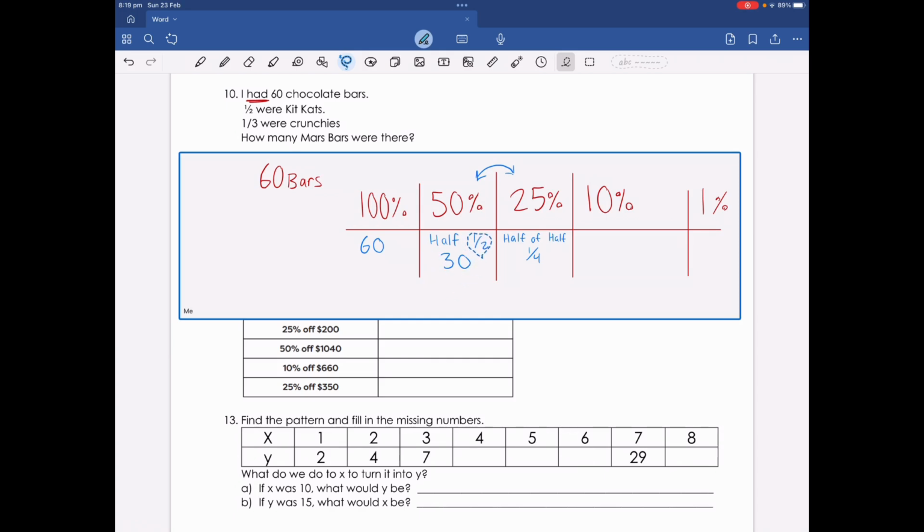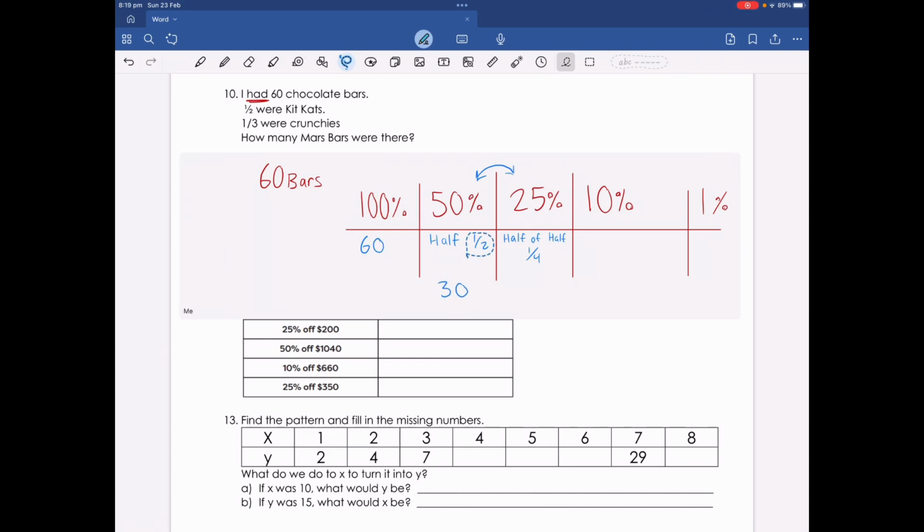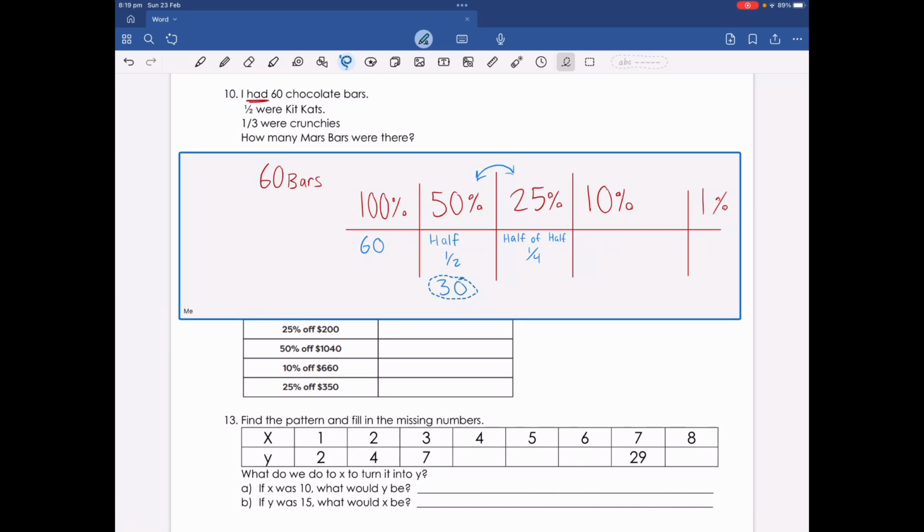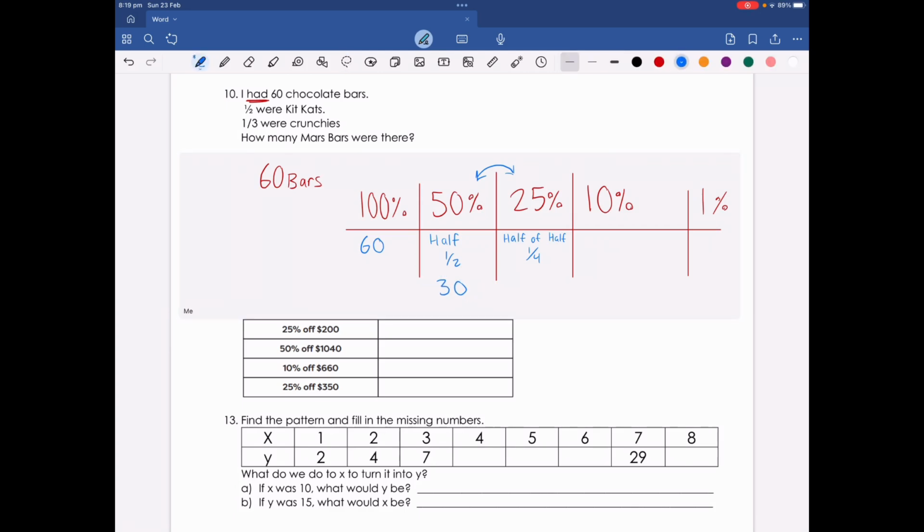Half, what it looks like, and then the numeral for the percentage. All right, so 25% is half of half. So what is half of our 30 here? Well, that's just 15. 15 is half of 30.